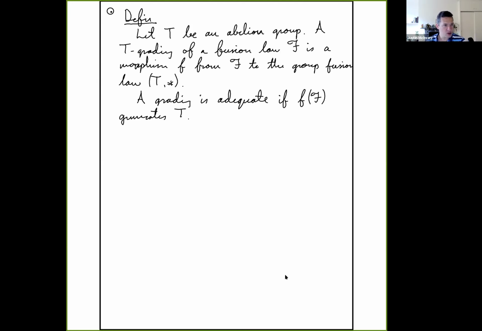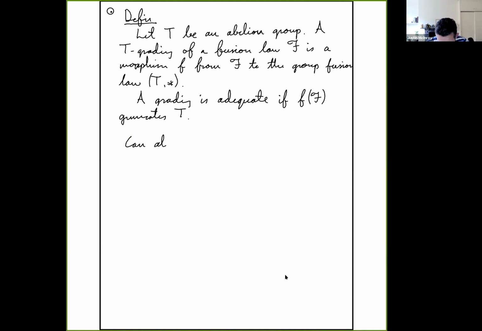Well, suppose I've got a non-adequate fusion law. Then I never see part of my abelian group T. So if I've got any grading, I can always just make T smaller until I have an adequate grading. So this image is going to generate some abelian subgroup of whatever T is, and I just take that abelian subgroup and I have a grading by that abelian subgroup, which is adequate.